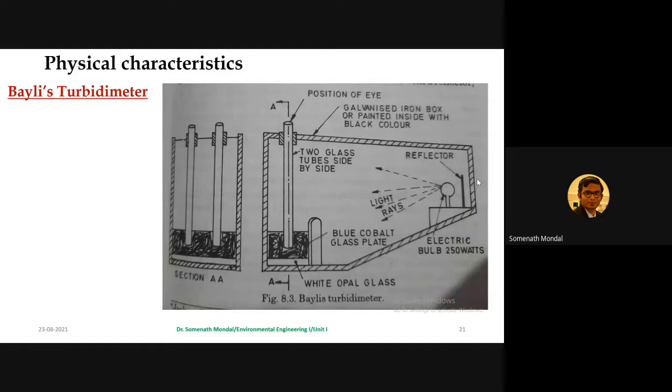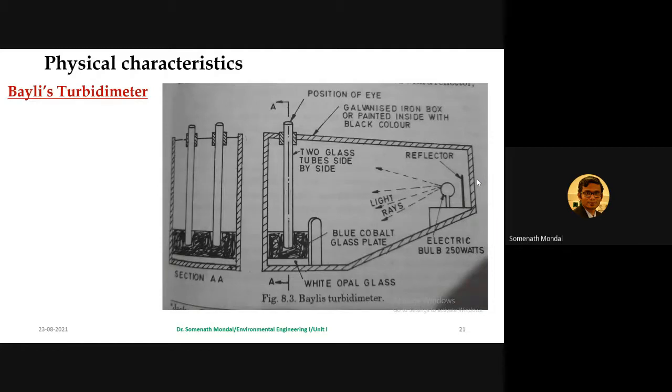Now from the top of the instrument, if the colors of both the tubes differ, the standard solution tube is replaced by another standard tube of different turbidity. The process is continued until a match is obtained in the colors of both the tubes.